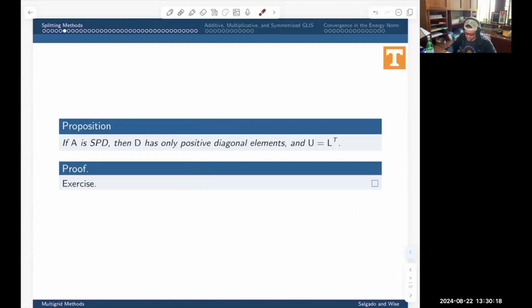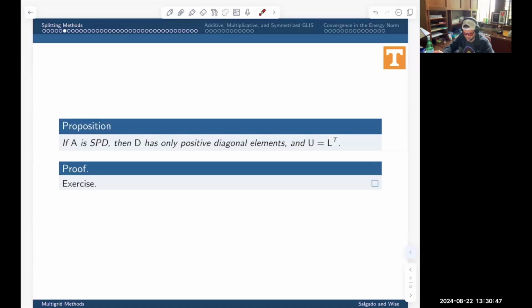One thing I want to bring up based on this canonical splitting is that if A is an SPD matrix, remember what SPD means? It's symmetric and has this positivity property. Then we can easily show that the diagonal entries of A are only positive.